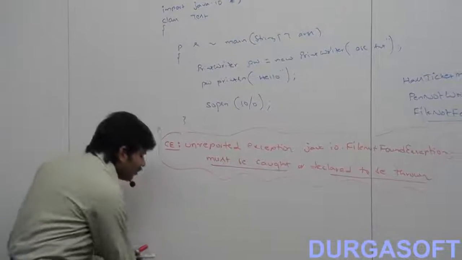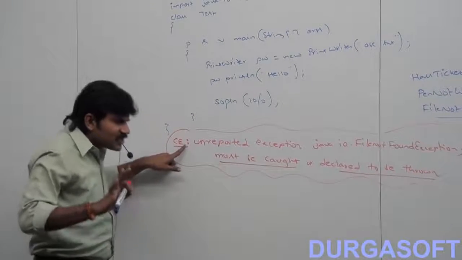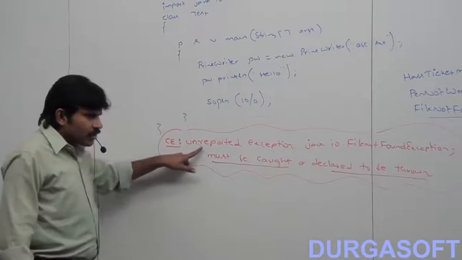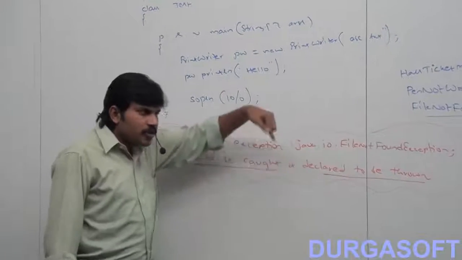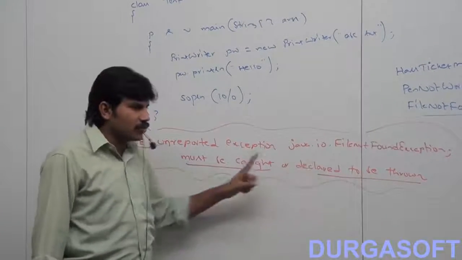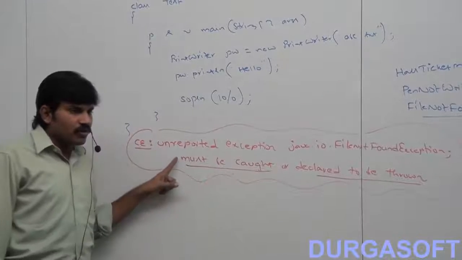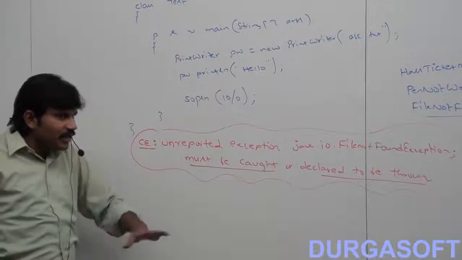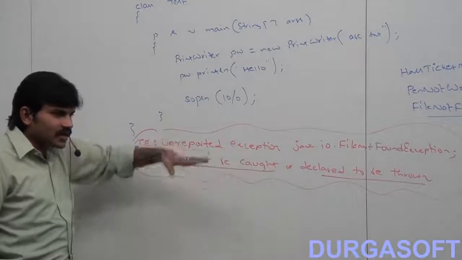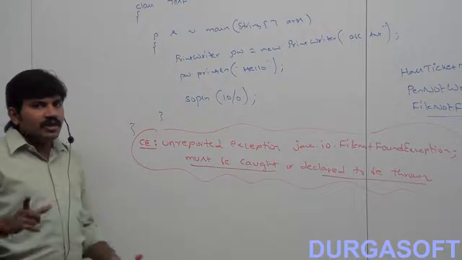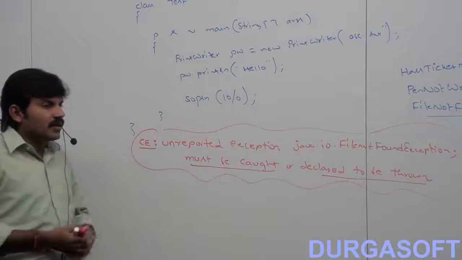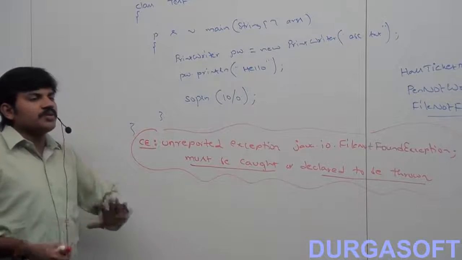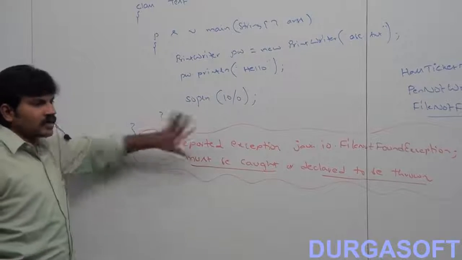Here, the compiler is just telling you, Durga, you didn't report the FileNotFoundException, so first report it by try-catch or by the throws keyword. It doesn't mean FileNotFoundException occurs at compile time. Whether an exception is checked or unchecked, it should occur only at runtime. There is no chance of any exception occurring at compile time.